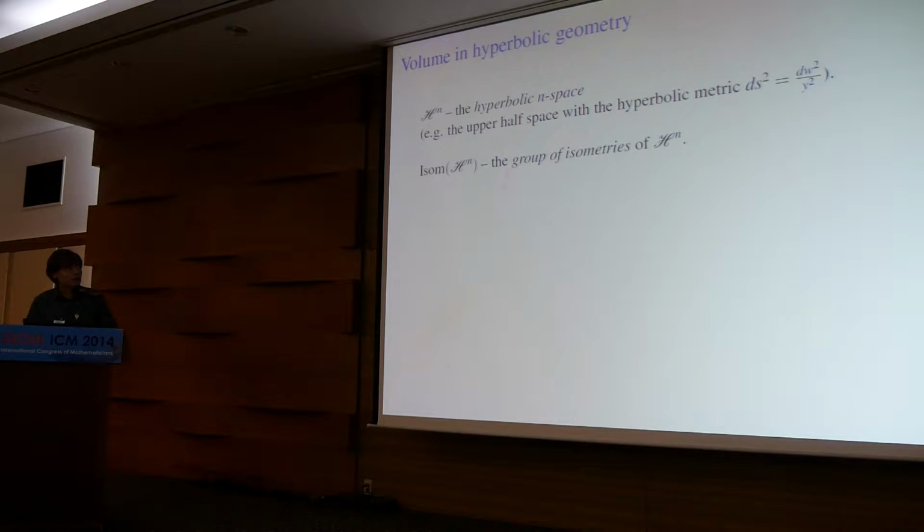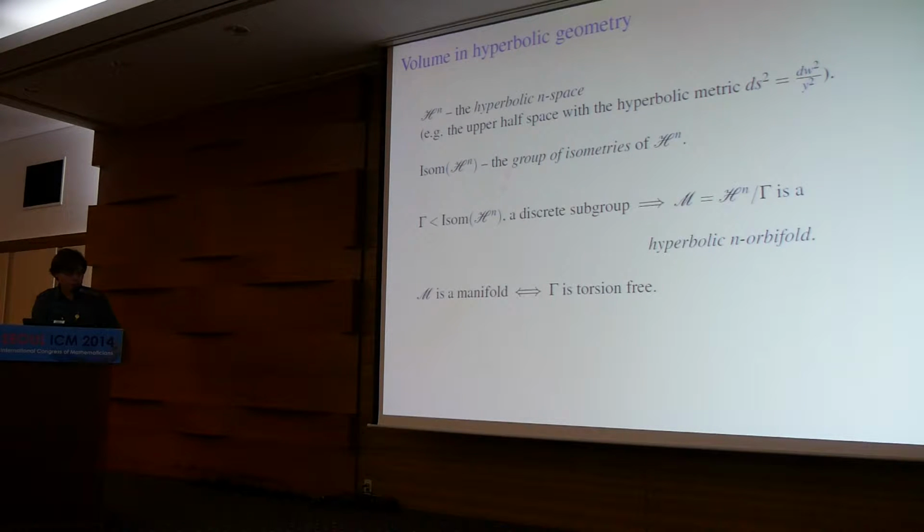Well, I'm going to talk about hyperbolic manifolds. So what are hyperbolic manifolds? We start with an n-dimensional hyperbolic space. For example, you can think of an upper half plane with a hyperbolic metric and its group of isometries. Now if we take any discrete subgroup of the group of isometries of the hyperbolic space and consider the quotient space, then in general it's going to be a hyperbolic orbifold.